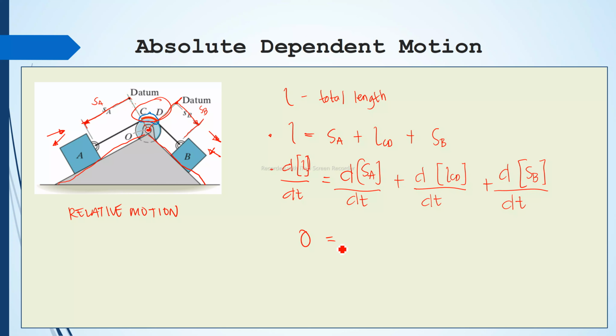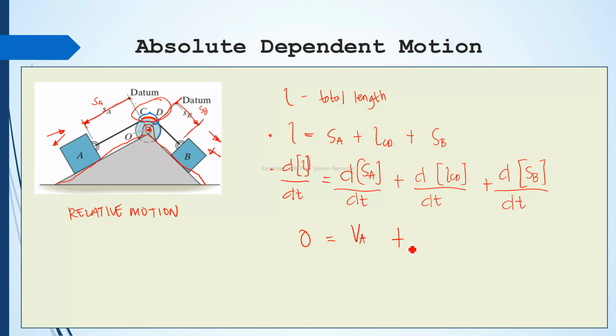How about the derivative of SA? If these two particles are moving, we know that SA changes. Since this is a position that changes through time, this becomes the velocity of A, plus the derivative of the length CD with respect to time.